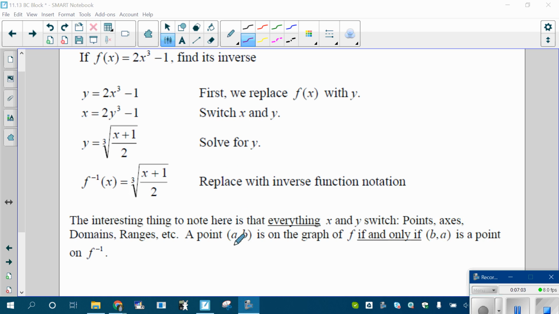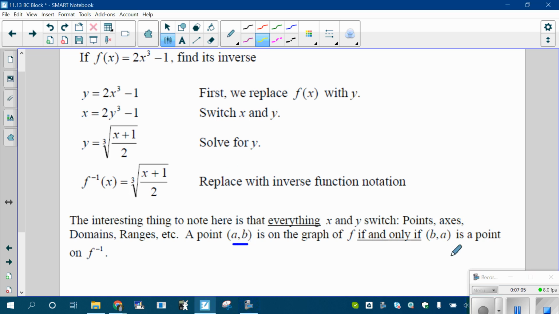What that means is points themselves flip. Okay? So there's a lot of flipping around going on when you look at a function and its inverse, and there's something related to that that happens with functions, derivatives, and their inverses' derivatives.